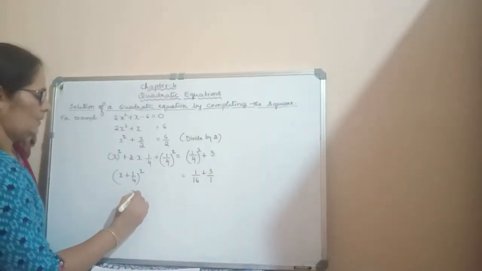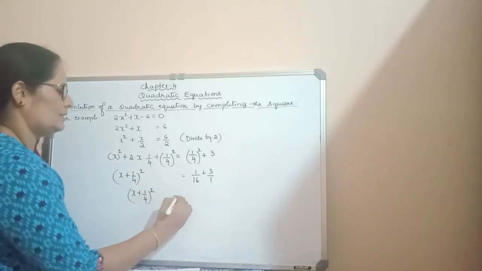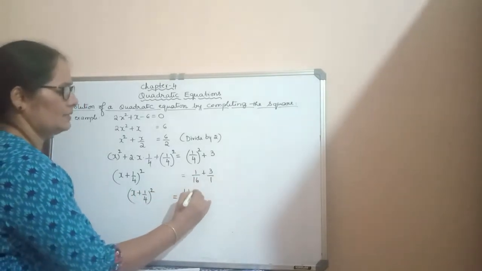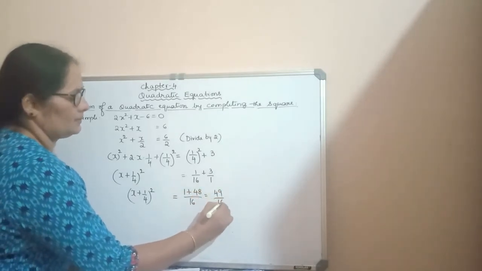Take LCM 16: 1 plus 16 times 3 is 48, which gives 49 by 16.